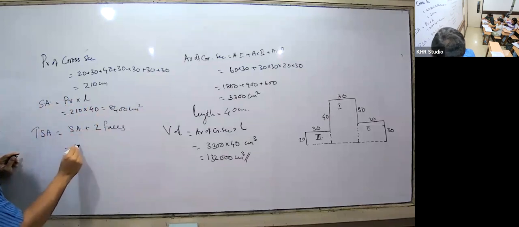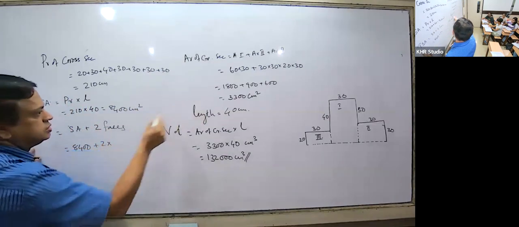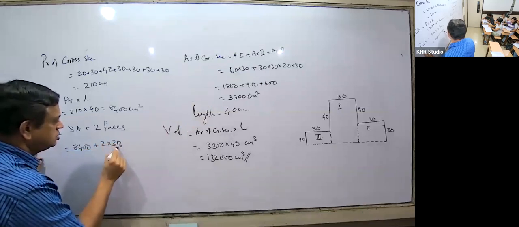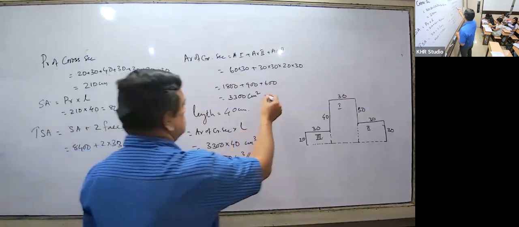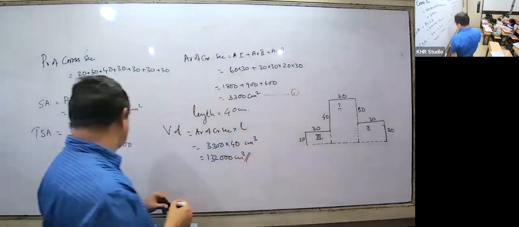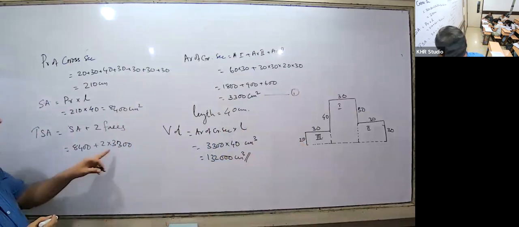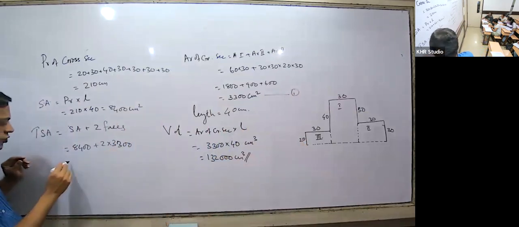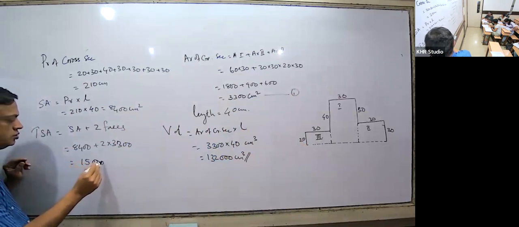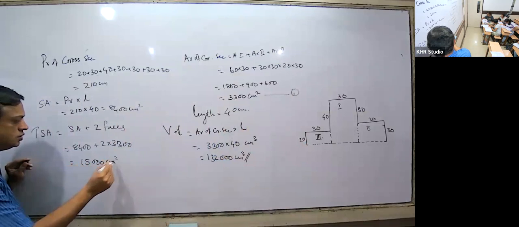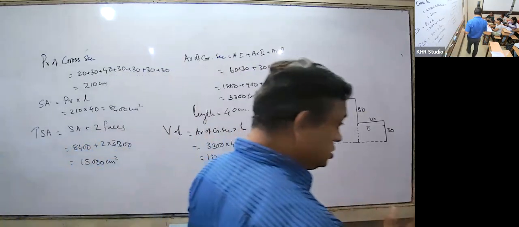That is 8400 plus 2 times the face you already got, that is 3,300. This is a base. 66 and 84, 15,000 centimeters square.